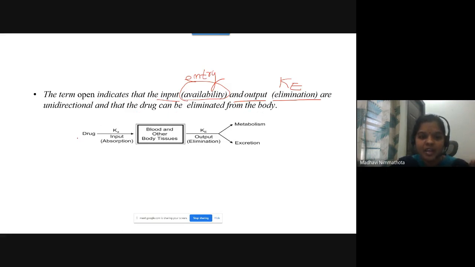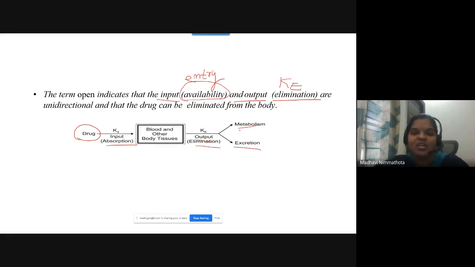See here, here is your drug, and once your drug enters into the circulatory system, that is blood and other body tissues, this input is nothing but Ka, that is absorption. In our terms, input is absorption and Ke is output, that is elimination. This elimination includes metabolism and excretion.